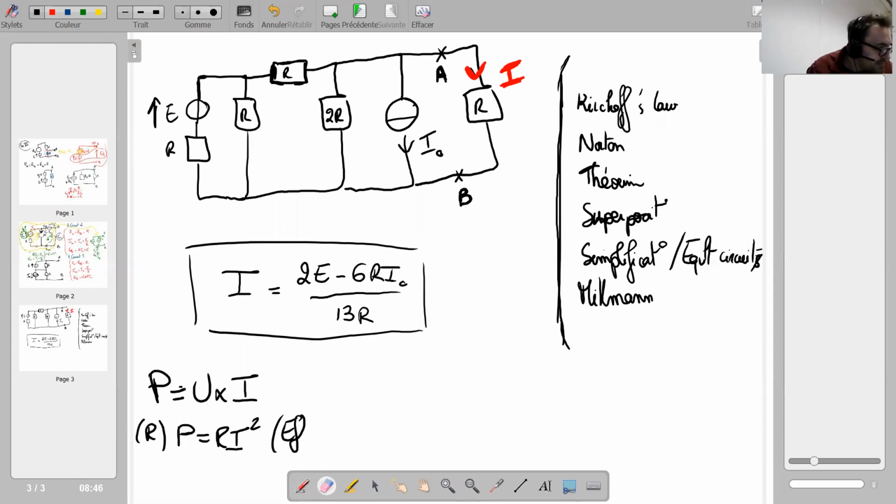This is also called the Joule effect, effet Joule in French, and this is how you cook your pasta at home. Because of the Joule effect, applying a high current through a resistor, which is more like a wire if you open your cooker, makes it heat, and you can cook using this.